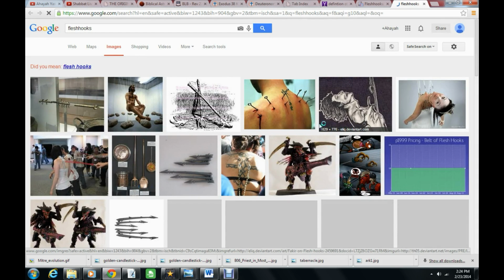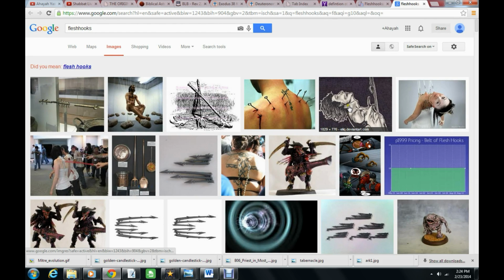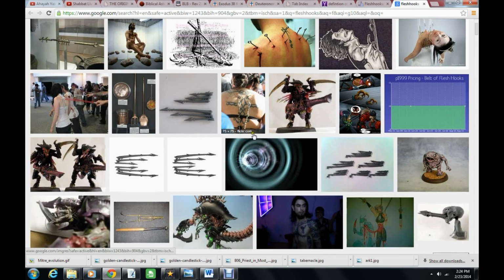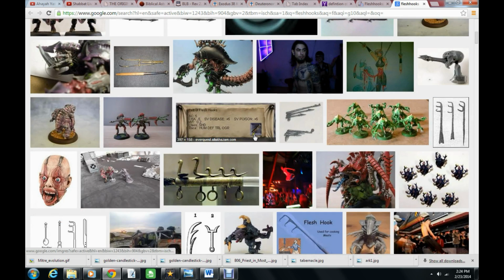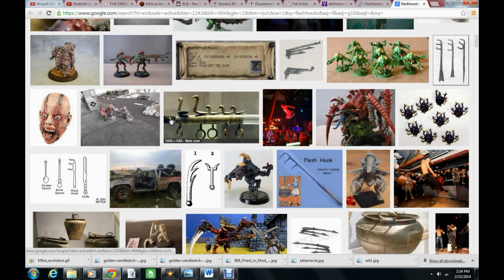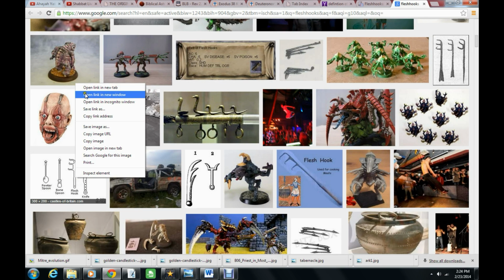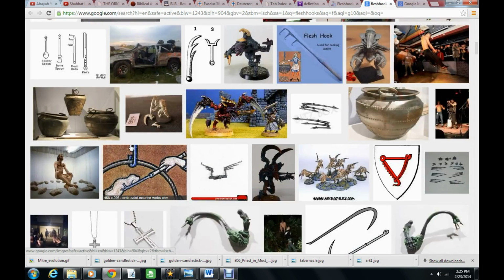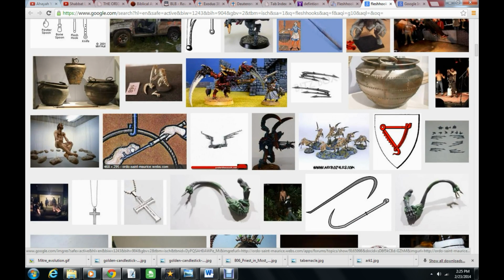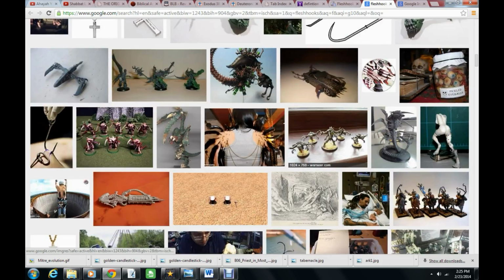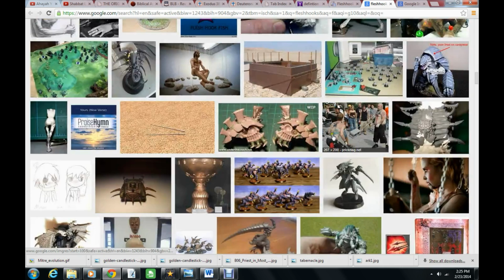Let's see if they have a picture here somewhere. Oh, okay. I see it's like a hook, but these people use it for the wrong thing right here. So it's to hold the flesh up. So it'll be something similar to this, so we can hold up the flesh like a hook. These people got the wrong images here.